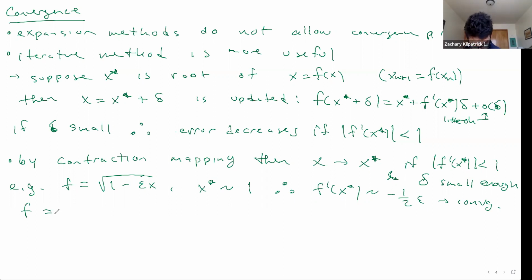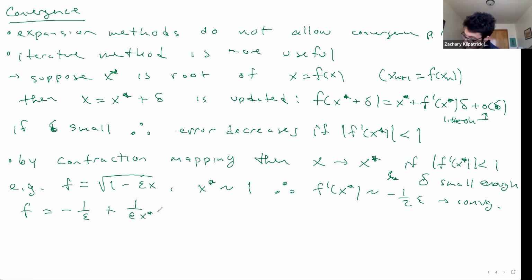Another example, if we had 1 minus 1 over epsilon plus 1 over epsilon x star.